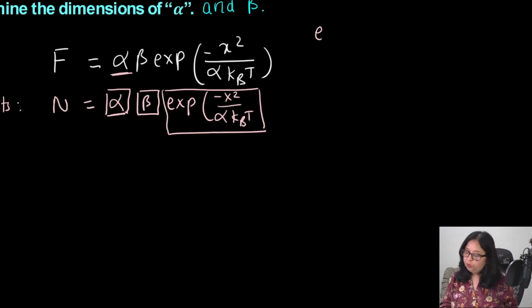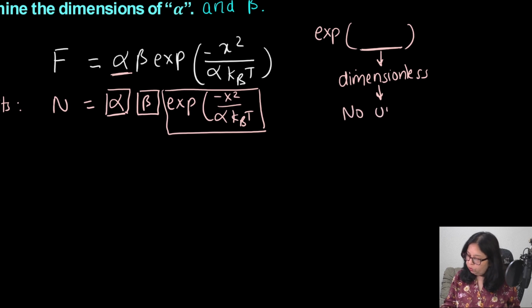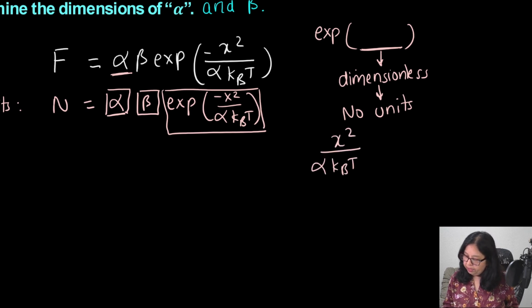This exponential, whatever is the argument here, has to be just a plain number. It has to be dimensionless, which means it has no units. So the units of x squared over alpha kBT cancel out to give you 1.